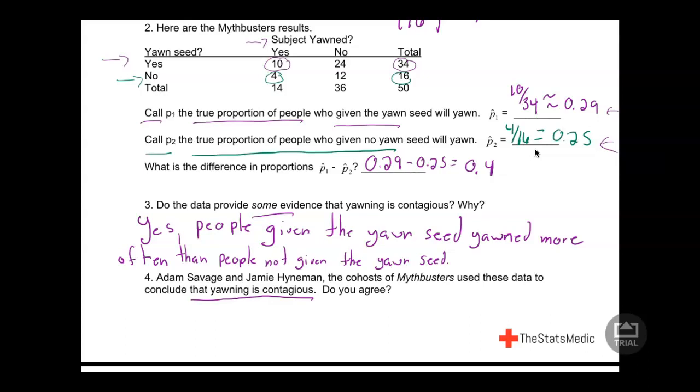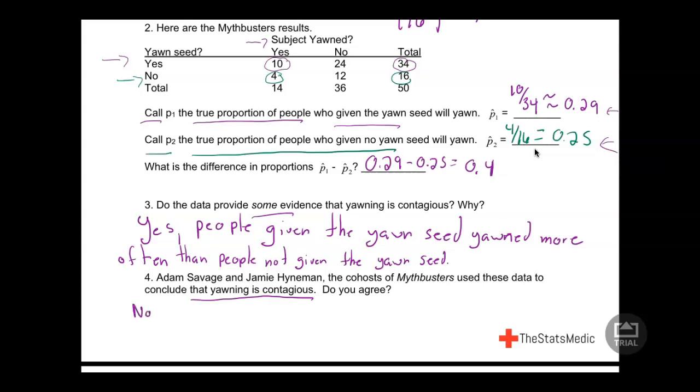So we really don't have convincing evidence right now just to automatically say, oh, because we did this experiment one time with this group of 50 subjects, and our difference is 4% between those who yawned with the seed compared to those that didn't. So no, it could have happened that people who got the yawn seed yawned more often purely by chance. It's not necessarily convincing evidence for us.